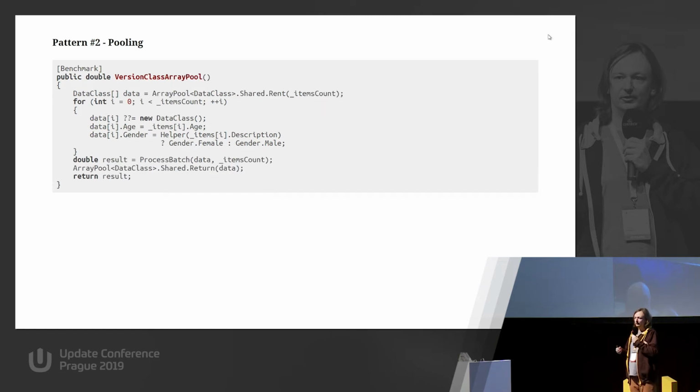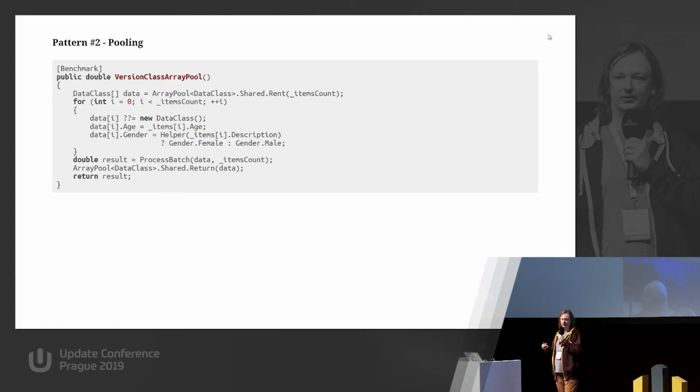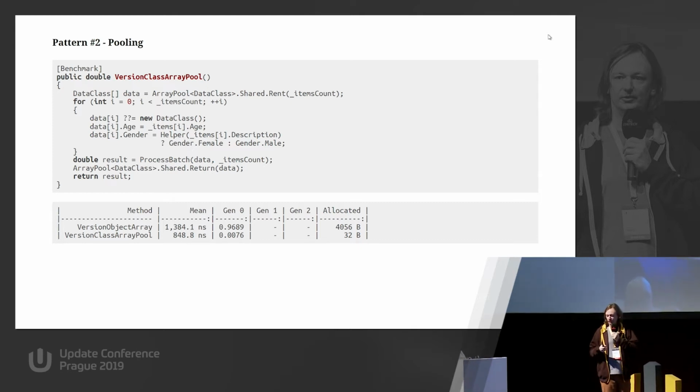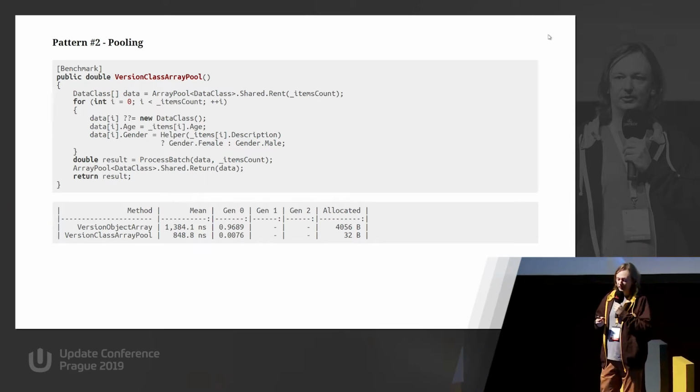And we can very easily change it to using array pool because the API won't change a lot. Now, instead of newing up, we are just using array pool, renting, using this, and when we are done, returning this to the pool. And it provides quite good benefits in terms of performance now. Maybe not obviously, but it is much faster, almost twice as fast as the original one.